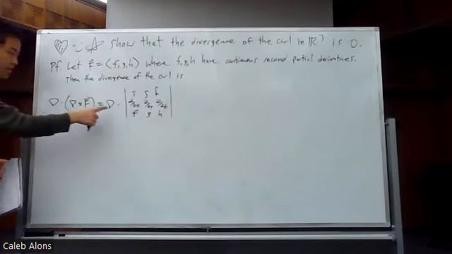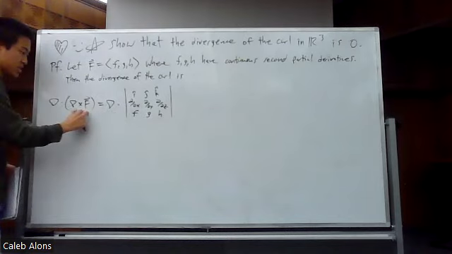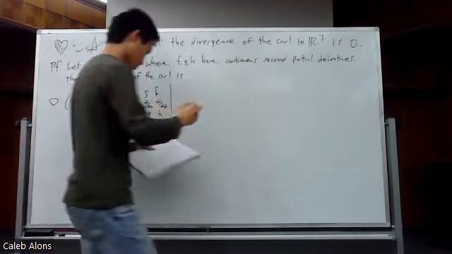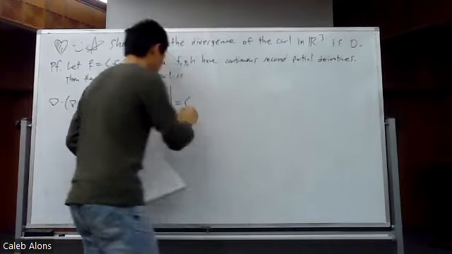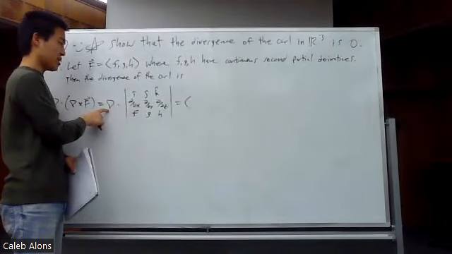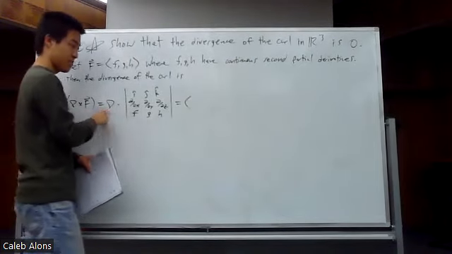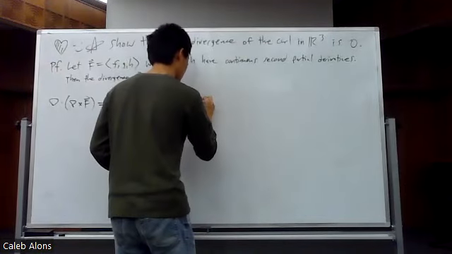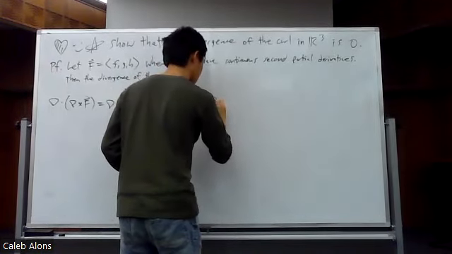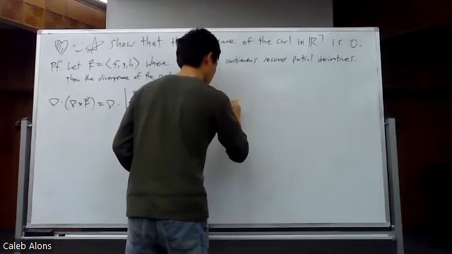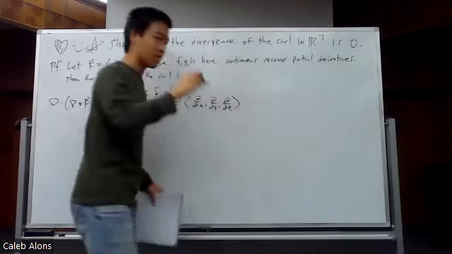Now that we've done the parentheses, let's see what's going on in this dot product. So the del in R3 is going to be what? Partial x, partial y, and partial z.